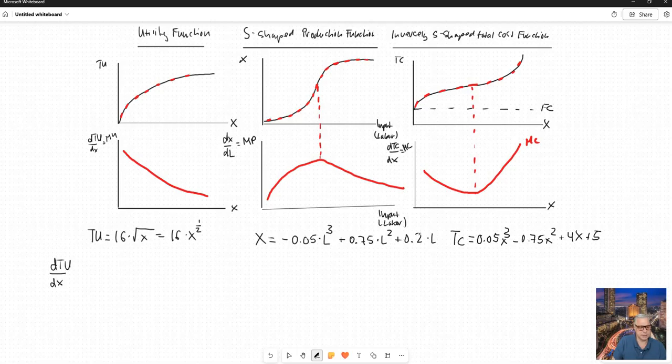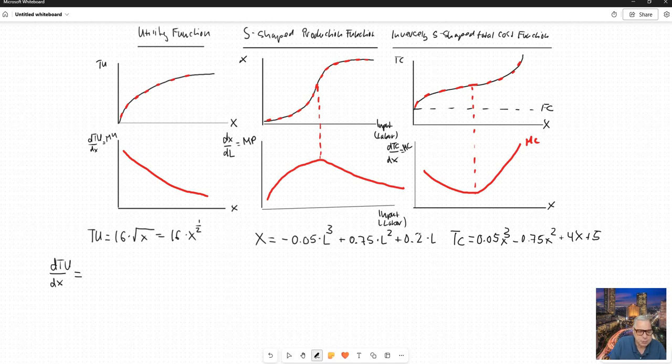That is the mathematical writing for the first derivative of the total utility function. Now the derivative rules are that whenever you see an exponent, the exponent goes in front.